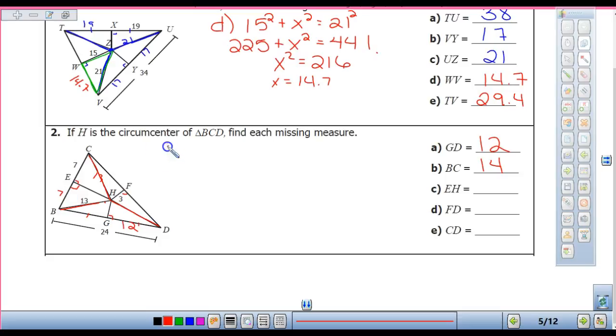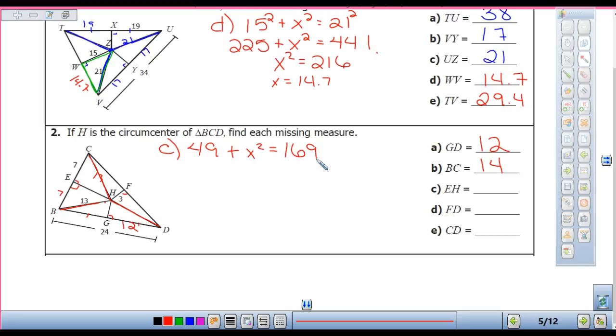All right, so part C, I was told we have to use the Pythagorean theorem. I'm going to set it up. 7 squared, so what's 7 squared? 49. 49 plus x squared equals 13 squared. 13 squared is 169, okay? So you guys have to start training yourself.